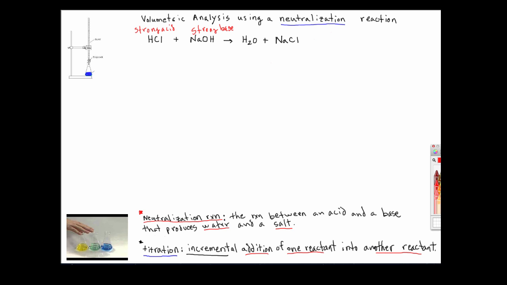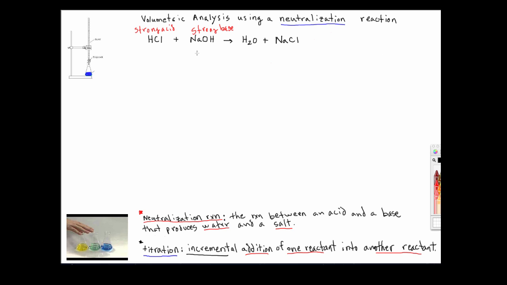So the idea of titration is a general term for any kind of laboratory manipulation where we're adding one chemical incrementally into another chemical. So the term titration is not just specific to acid-base titrations. It's also specific to redox titrations and just about any other kind of manipulation that involves carefully adding one reactant into another reactant.